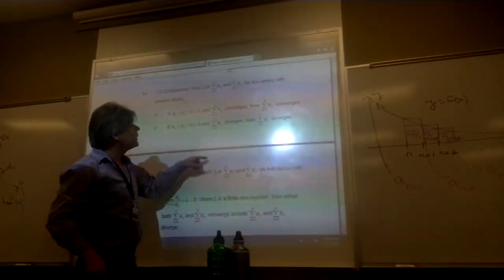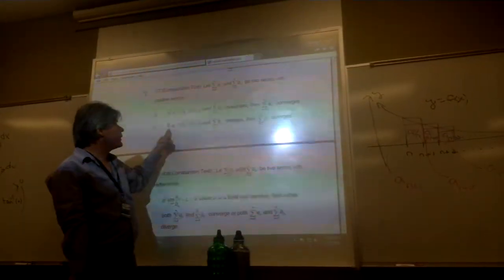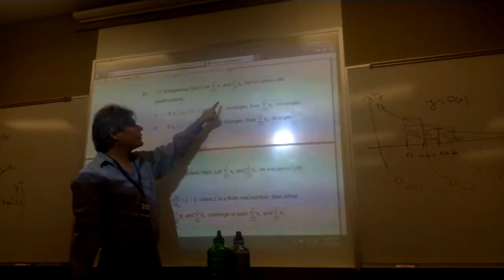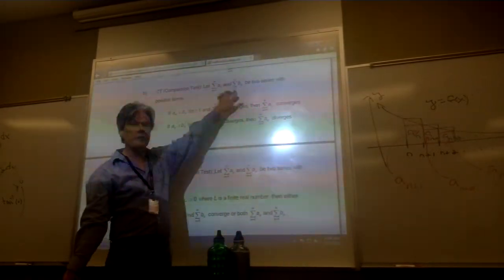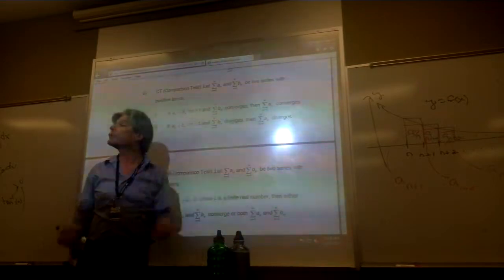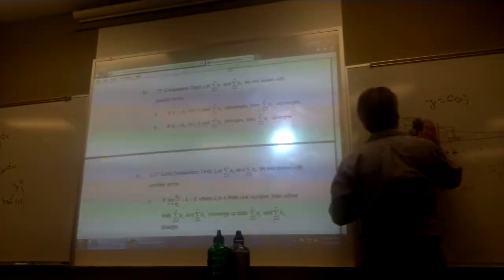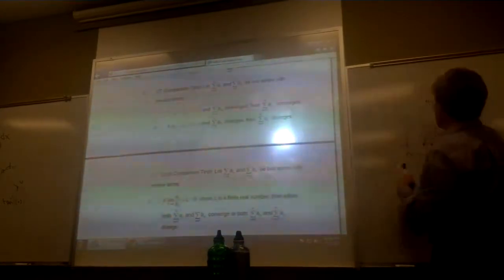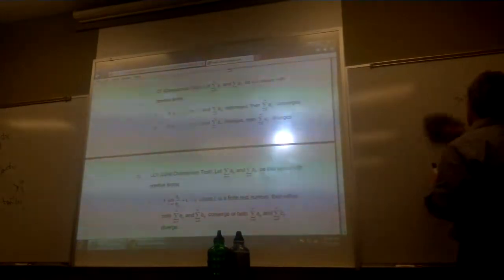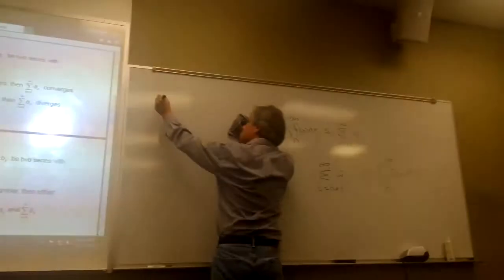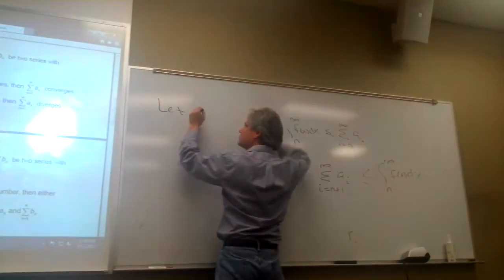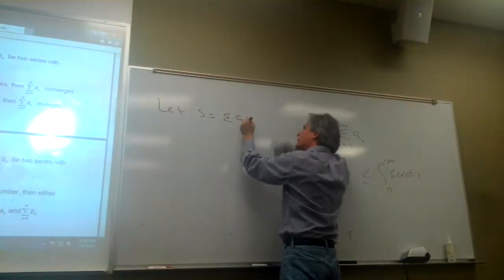In addition, if the nth term of my series is at least as big as the nth term of another series I'm comparing to, and I know that other series diverges, then my series is going to diverge as well. Specifically, here's what's going on. Here's my series.